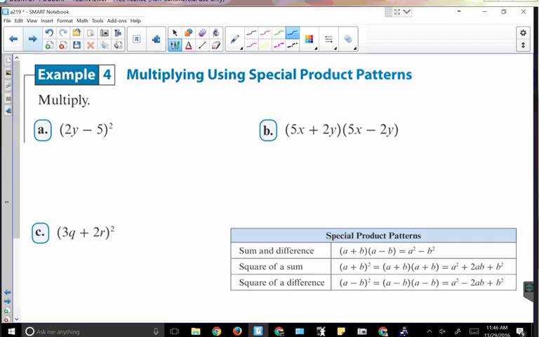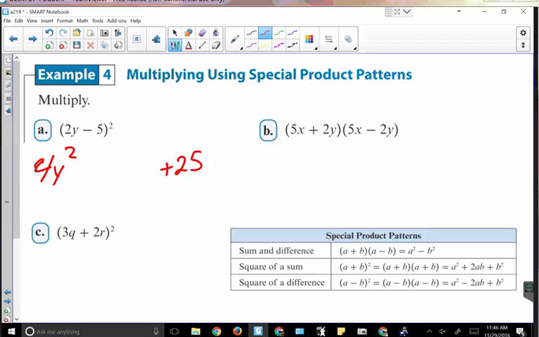If I look at the first one here, this pattern fits the sum of squares. Okay? Oops, minus, sorry. Difference of squares. So that means it's always going to multiply out in this fashion. We are always going to have 4y squared. We are always going to have plus 25.